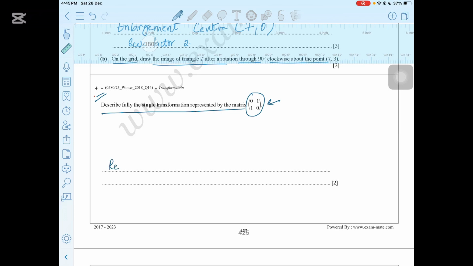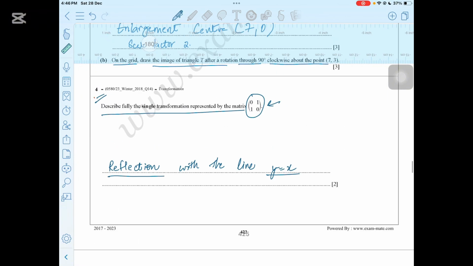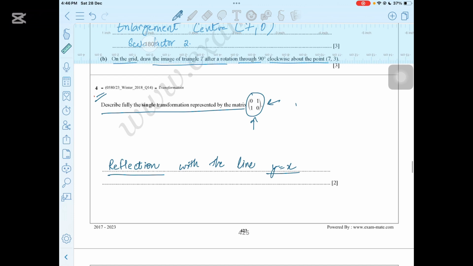So this would be reflection with the line being y equals x, right? Reflection is the 1 point, and the second point would be y equals x. So whenever you see a matrix like this, 0 1 and 1 0, this can't be enlargement, because for an enlargement there needs to be a scale factor, right?